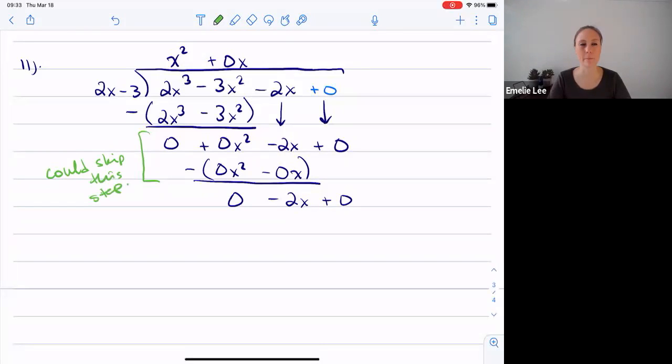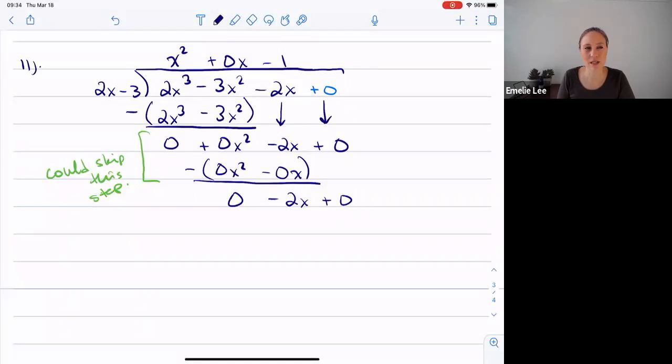Okay. So you don't need to have that step. You could go straight to dividing into negative 2x plus 0. So now if I have negative 2x divided by 2x, negative 2x divided by 2x is -1.